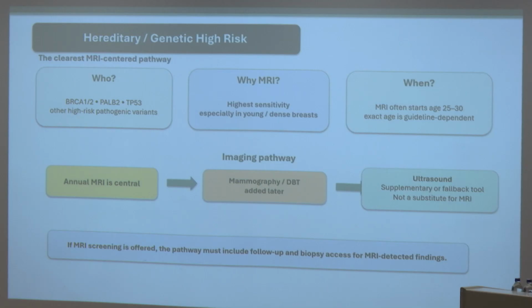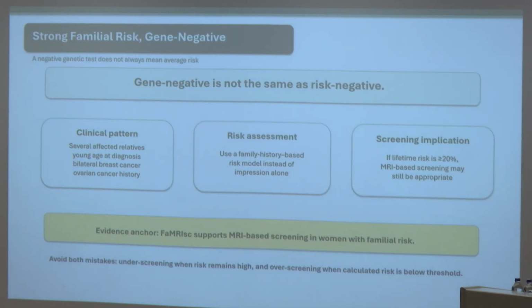It's supplementary, when we don't have the others, and always, of course, the ultrasound should be multiparametric, with the density and the color Doppler and elastography, but we know it cannot replace the MRI. If MRI screening is offered, the pathway must include follow-up and biopsy access for the findings.